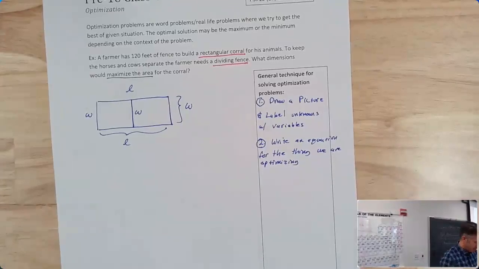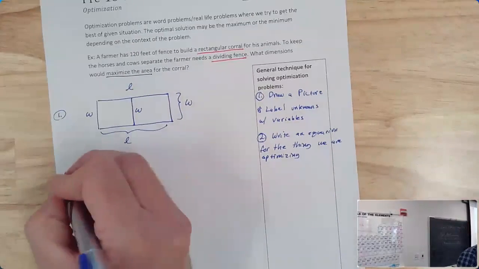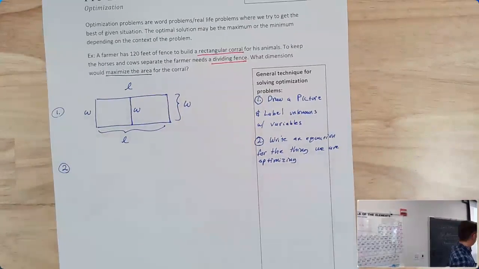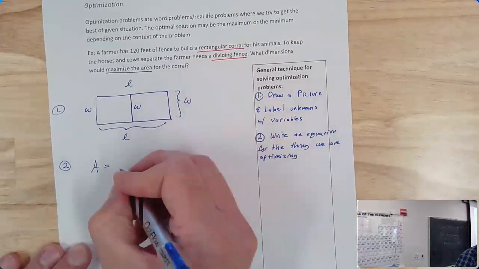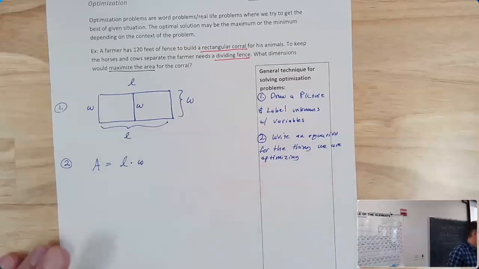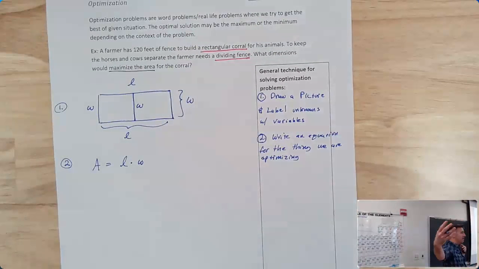In this case, that's the area. And the area of a rectangle is pretty straightforward. It's just the length times the width, or the base times the height, or one dimension times the other dimension. That's your area of a rectangle.